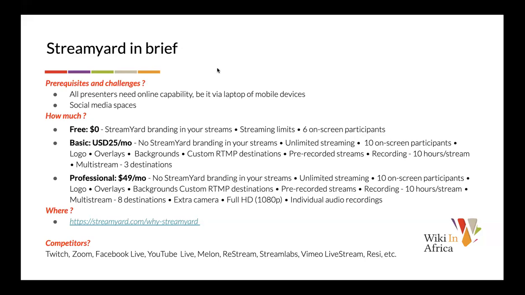You get all what is on the $25 per month basic plan, and then you get to enjoy up to 1080 pixels of full HD, individual audio recordings, and in this case, 8 destinations, like you can project on 8 different outlets. And I already mentioned the extra camera.